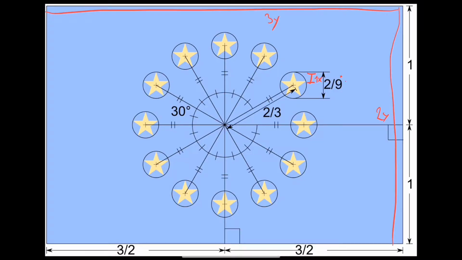So if we would multiply everything by 9, here the diameter would end up being 2, so the radius is 1, and then this length here would become 6. So that's the proportion of the stars, depending on the distance from the center point.